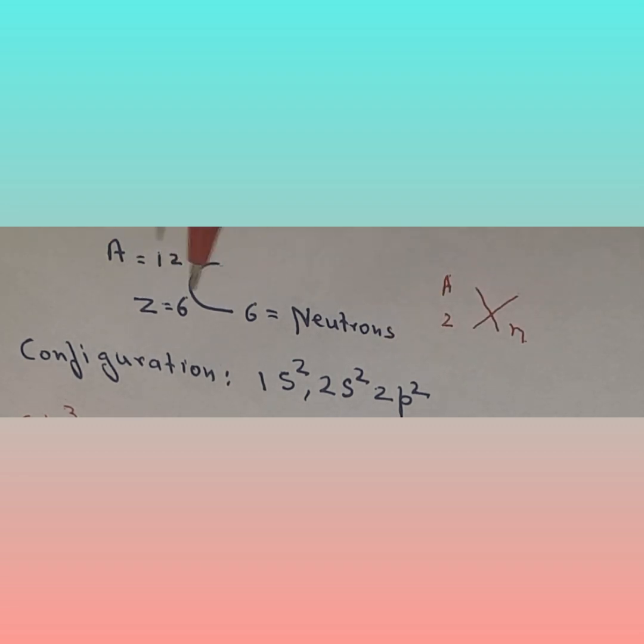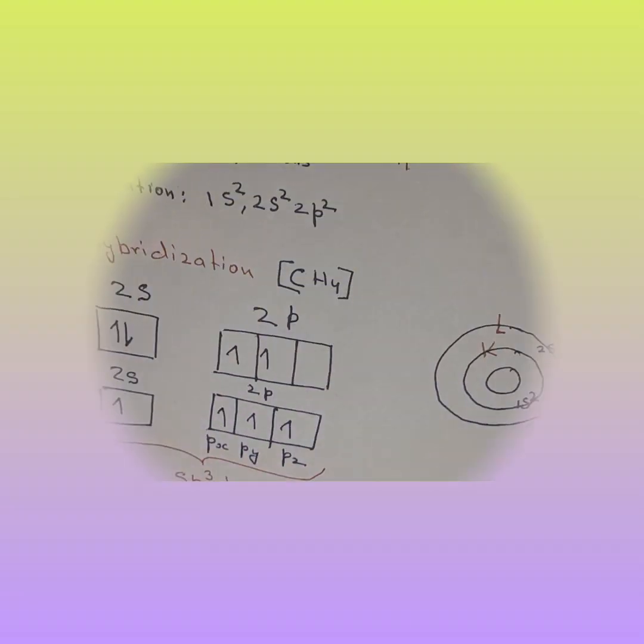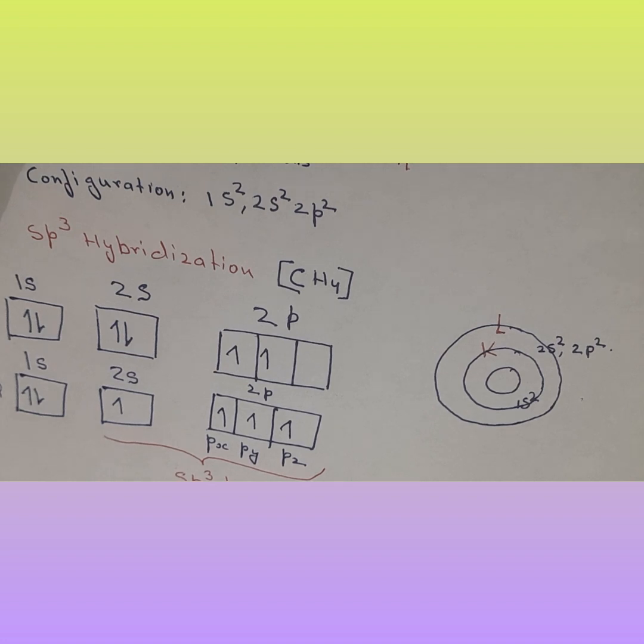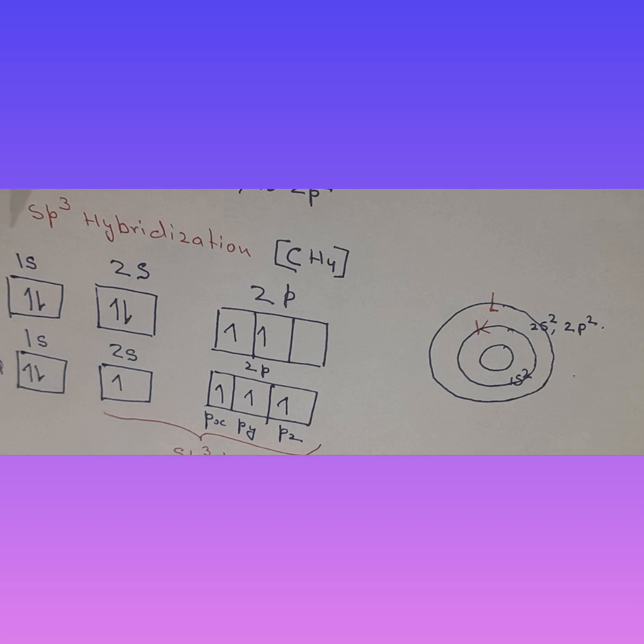Alright, now let's get back to our topic, sp3 hybridization. In ground state we have this configuration which I have already explained. Now this carbon atom gets excited. I need to explain over here that in case of hybridization, it is only the valence shell electrons which are involved.